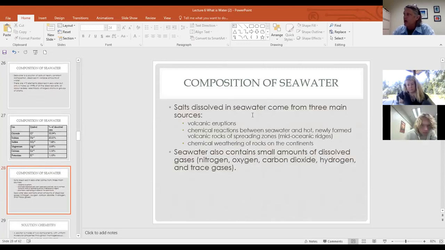So seawater, these salts came from volcanic eruptions, chemical weathering of the rocks, especially early on, because if you recall back, ocean formation, outgassing from the volcanoes, and then weathering and erosion from the precipitation caused the saltiness of the oceans. Now, over time, our oceans have stabilized their salinity.